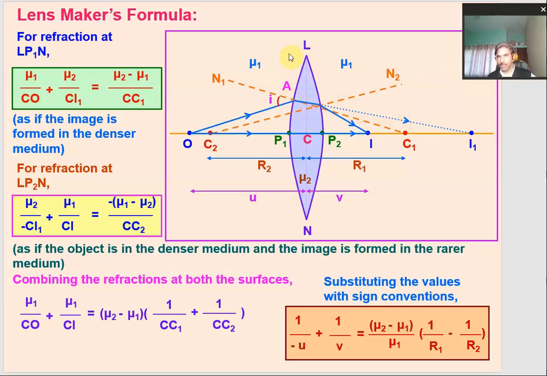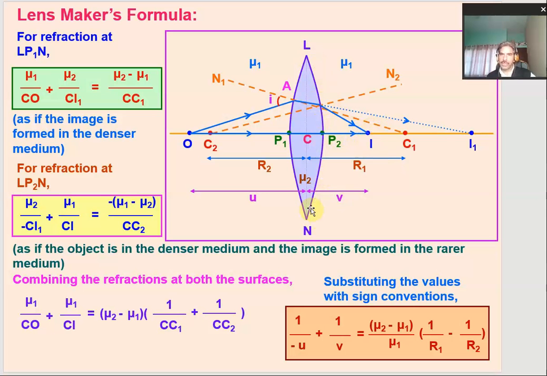But now, because there is another surface LP2N, the light ray bends even more, so as to meet the principal axis at a closer point I. So we see that the image is formed at point I due to the presence of this second surface.